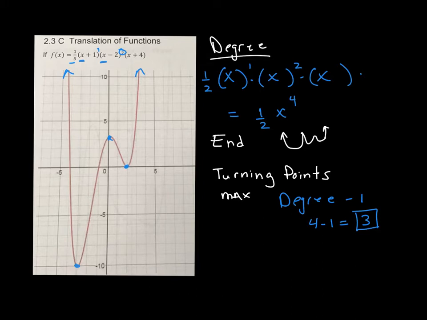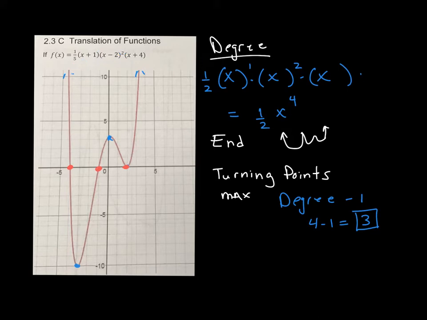Looking at this graph, let's talk about the zeros. The zeros of this function are where it crosses the x-axis, which happen here, here, and here. Now, this graph was originally in factored form, so if I go back up to my original graph, how would I find those zeros by hand?